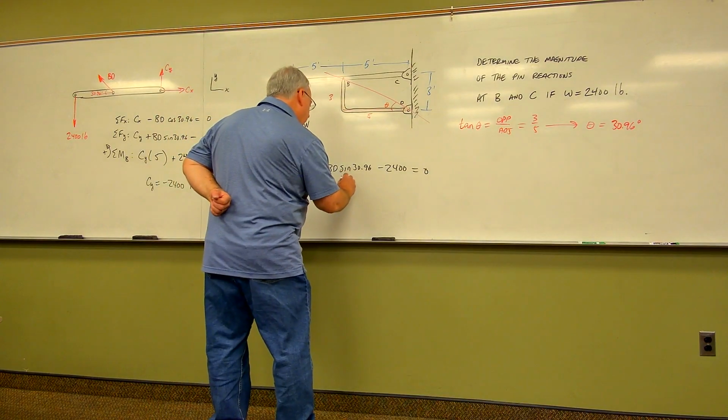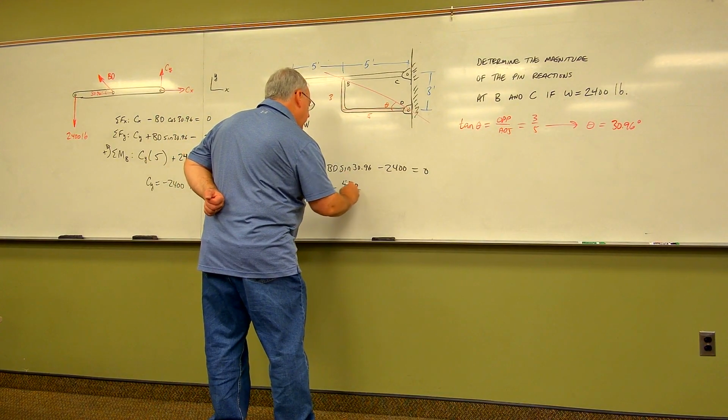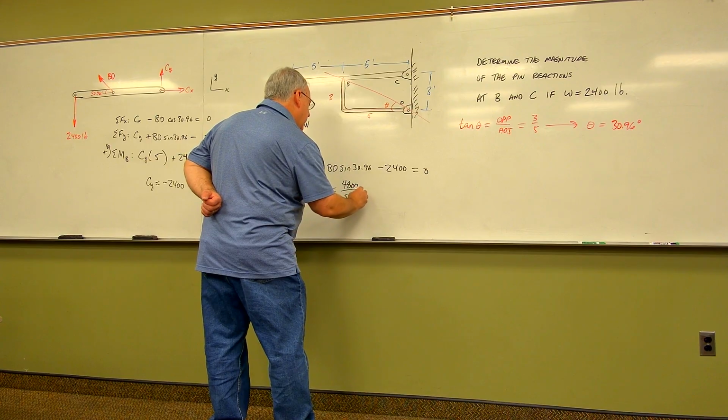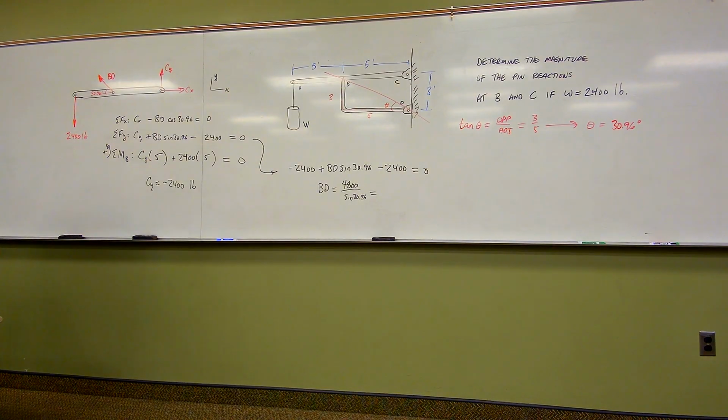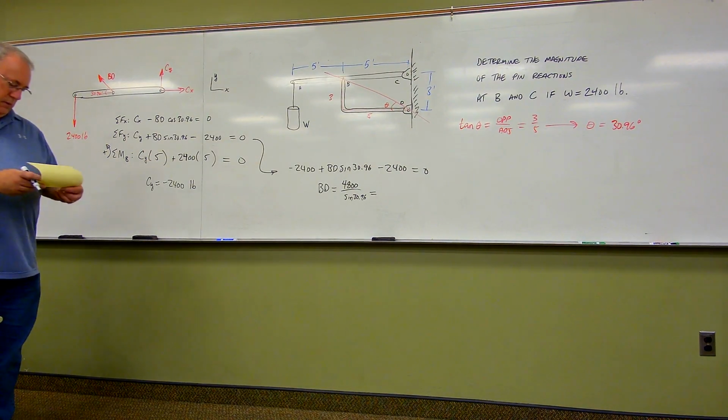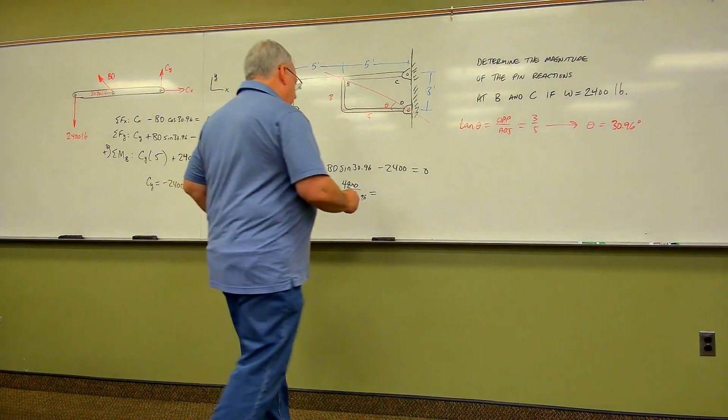So I have 4,800 divided by the sine of 30.96. And folks, if you plug that in and crank that out, you're going to end up with BD being equal to about 9,330 pounds.